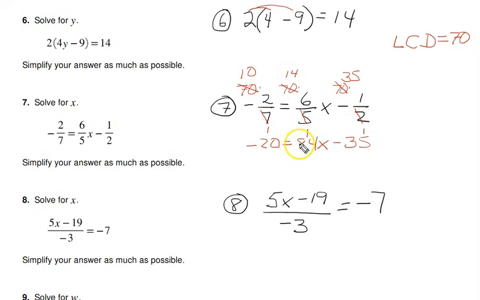So this is 84x, 14 times 6, x. And then this is just a negative 35. So if we transpose a negative 35 to this side, it becomes a positive 35. And a negative 20 gives me a 15 equals 84x. I'm going to divide both sides by 84.